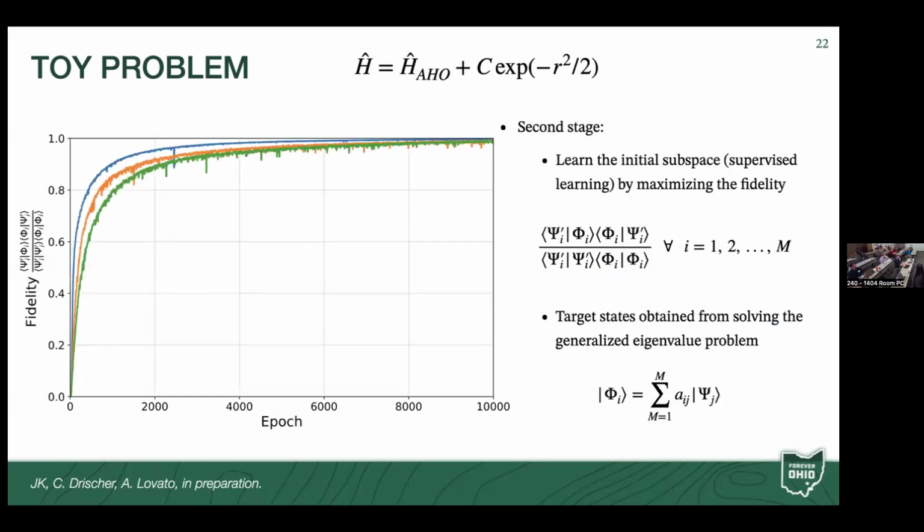Now, this is the next stage where I do explicitly orthogonalize. After I get the coefficients of expansion for each of my approximate eigenstates, I can form this subspace and then maximize the overlap with these linear combinations of states. So at the end of this training, I should have nearly orthogonal neural quantum states.